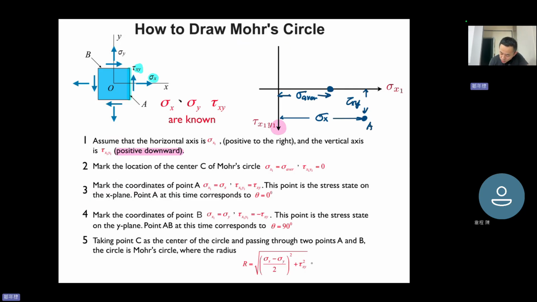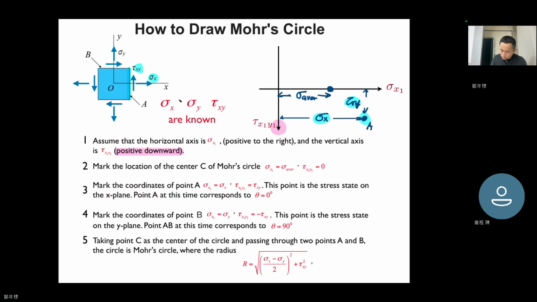And you can imagine that this point A represents the real world plane A, and the state of the tau xy and sigma x will be the sigma x direction, tau xy coordinates.